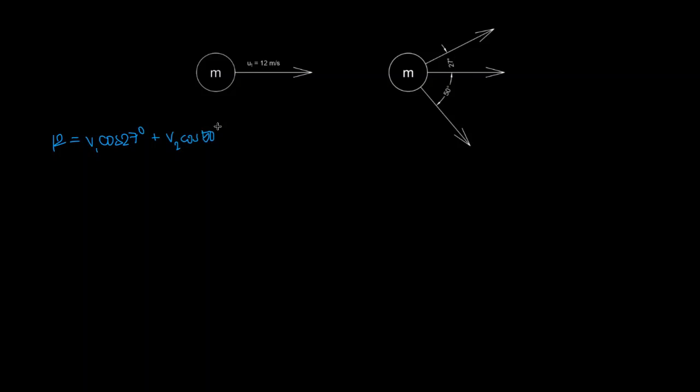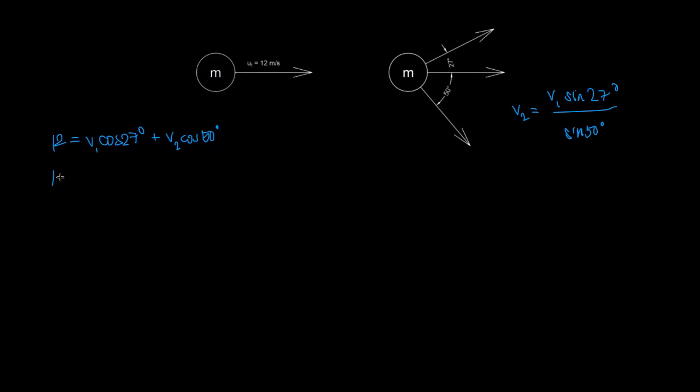Okay. Meron tayong equation for v sub 2, di ba? Sulat natin dito, v sub 2 equals v sub 1 sine 27 over sine 50. Okay. We're gonna plug it in our v sub 2 here.